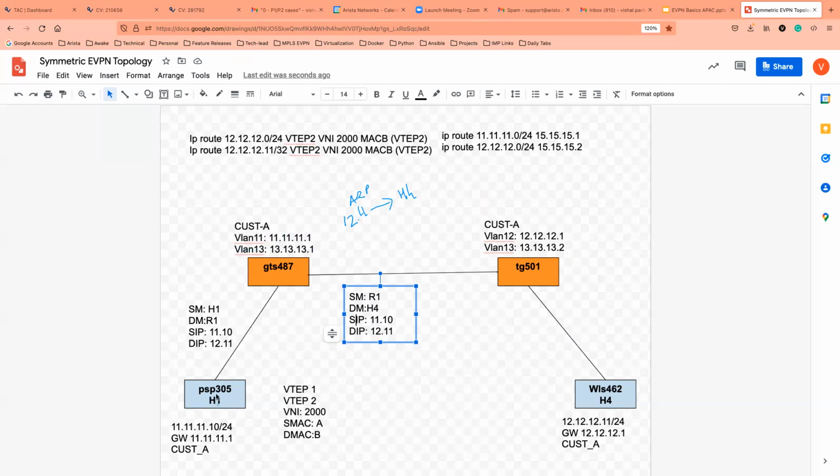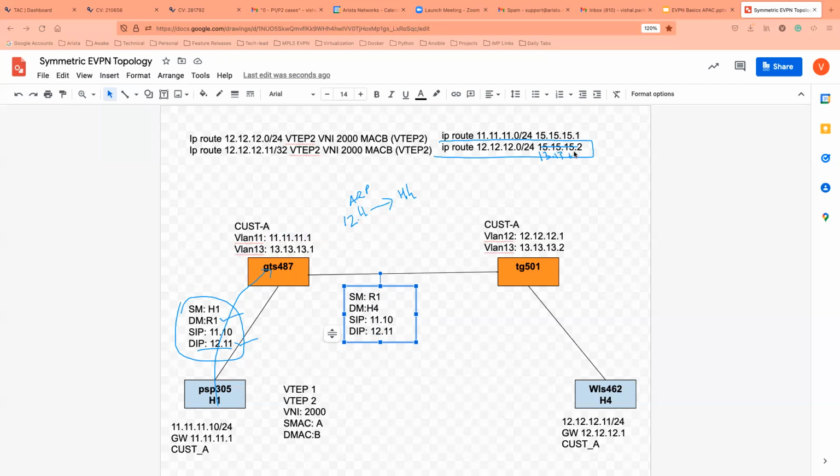H1 will send the packet to the gateway, right? So this is the packet, and it should be the same. Now you will again check that the destination MAC is my MAC and the destination IP is 12.11. Now you check the route for the 12 subnet, and the route for the 12 subnet is via 13.13.13.2, correct?